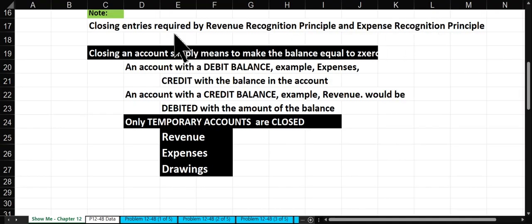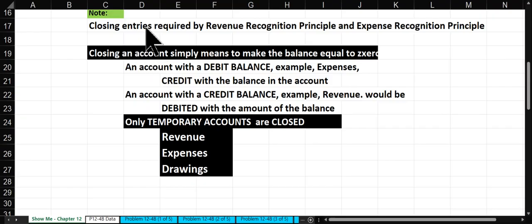So, what exactly is a closing entry? A closing entry is an internal entry or a set of internal entries that will cause the balance in temporary accounts to be equal to zero. Did you get that? It causes the balance in temporary accounts to be equal to zero.